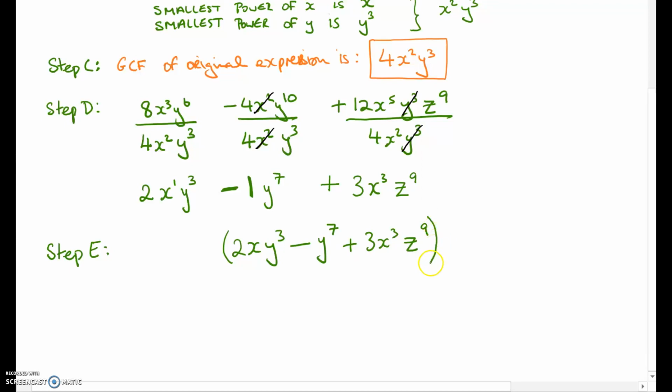That all goes in parentheses. And then, don't forget, your answer from step C, the GCF of the entire original expression, goes in front of those parentheses. So 4x squared y cubed.